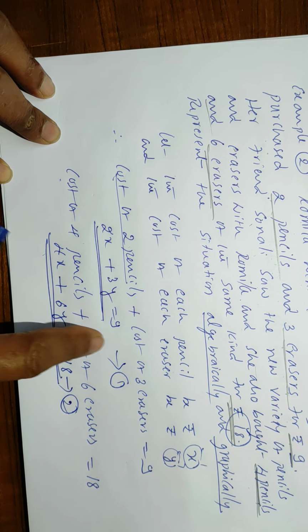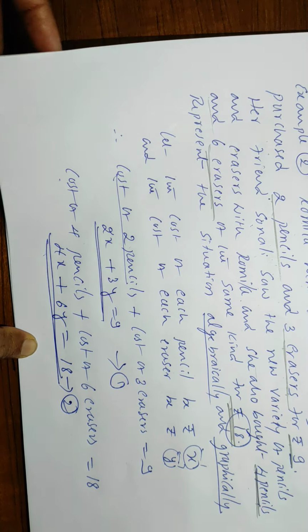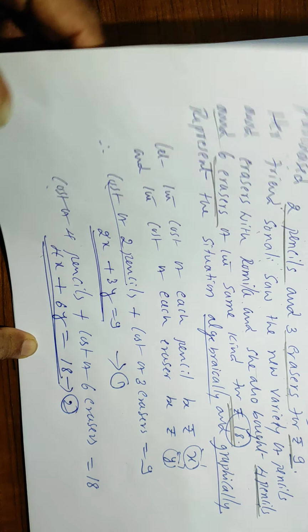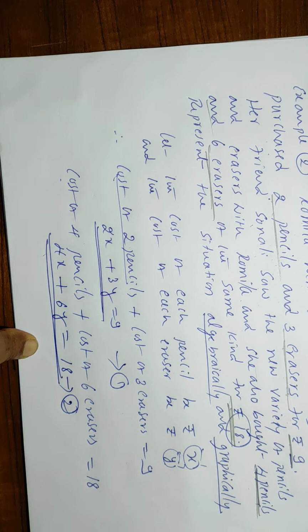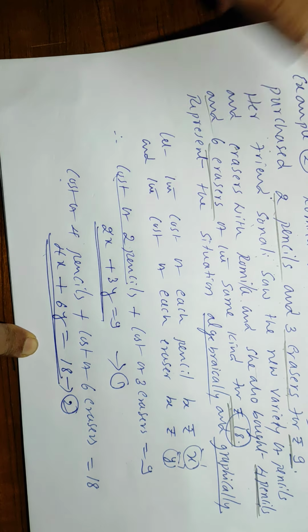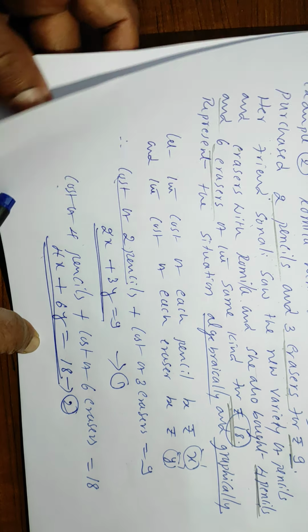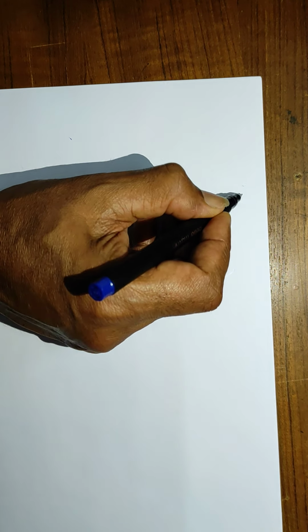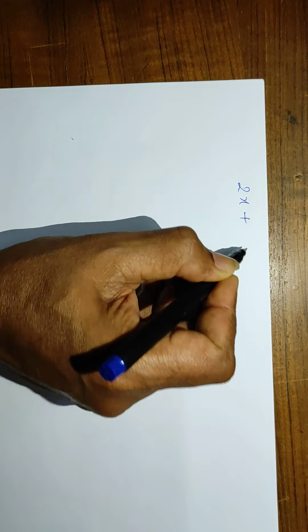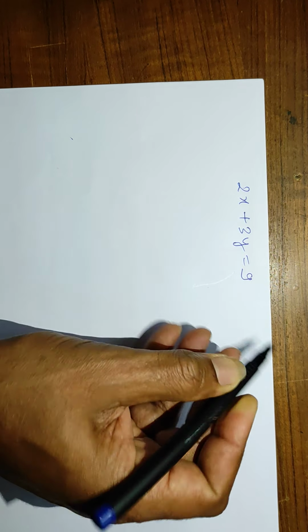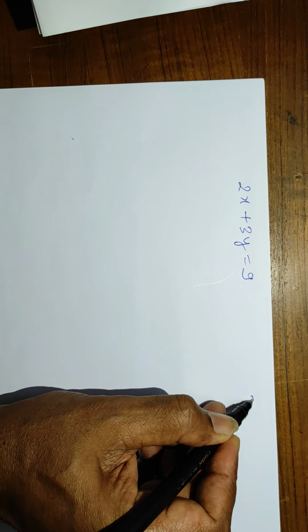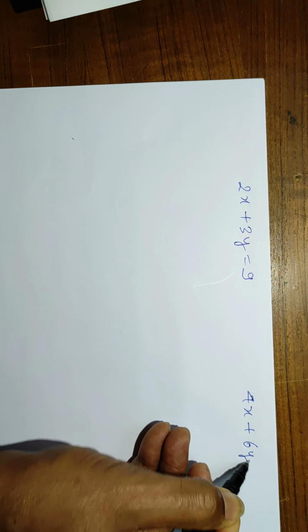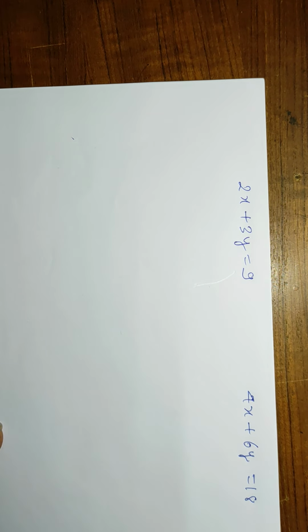We have 2 equations. Now what we have to do is, we can represent this graphically. So let me write the equations once again. 2x plus 3y is equal to 9 and another one is 4x plus 6y is equal to 18.